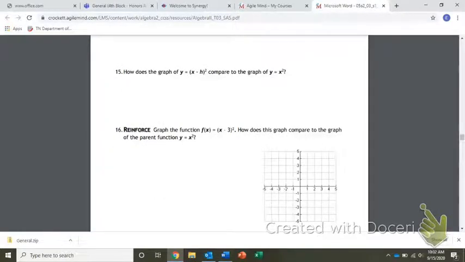This function rule right here is the parent function of a transformed x squared graph. And we know this has to be quadratic because of this square. Okay? So, we are writing two rules for this. This is one we really want to pay attention to.